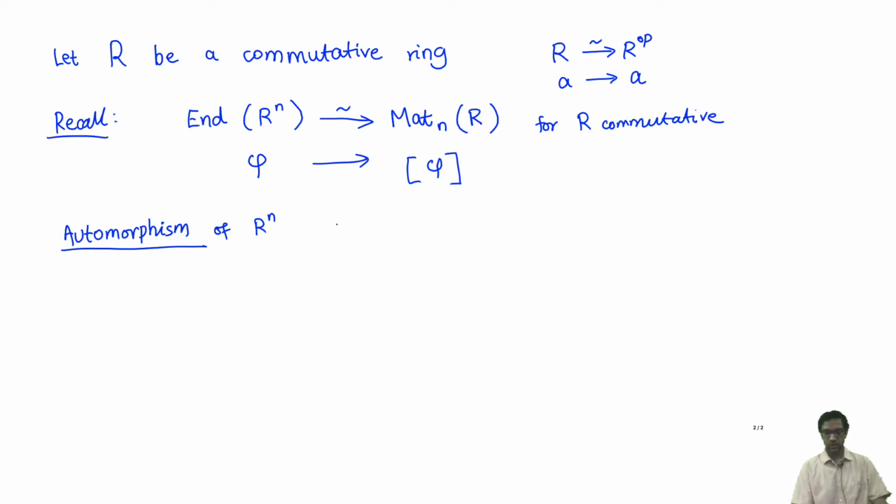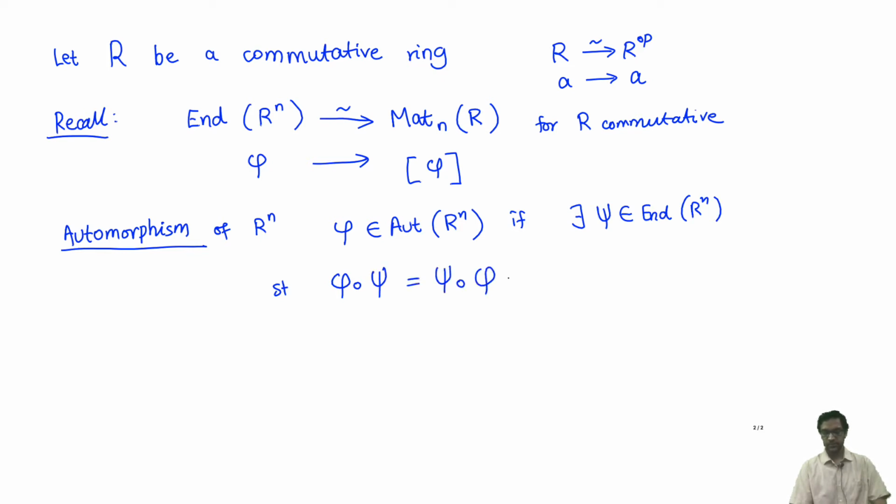So phi is said to be an automorphism if there exists a map psi, which is again an endomorphism of R^n, such that phi composition psi is the same as psi composition phi, and this is equal to the identity map of R^n. Okay, so this is the usual notion of automorphisms. It's an isomorphism from the module R^n to itself.